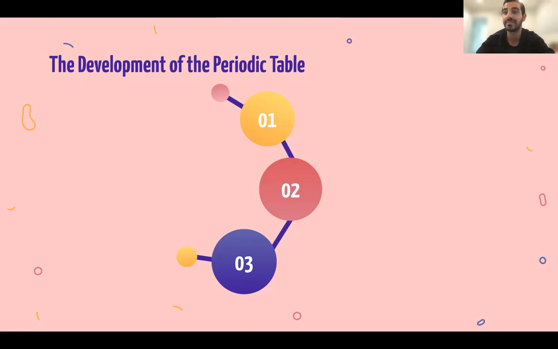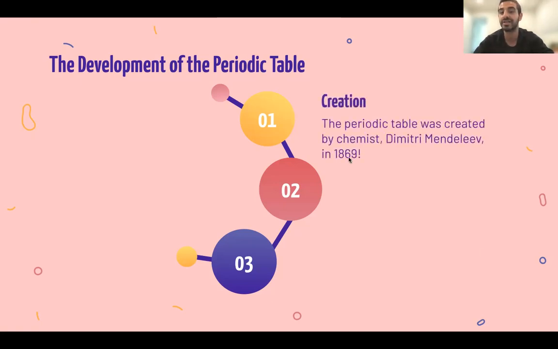But as far as putting them on the periodic table and finding a way to organize these elements and what kind of patterns they saw, it actually started in 1869 by a chemist named Dmitry Mendeleev. He created the periodic table. I think he had about 40 elements on there, but he's actually credited with creating, for lack of a better word, a table that organizes all the known elements.